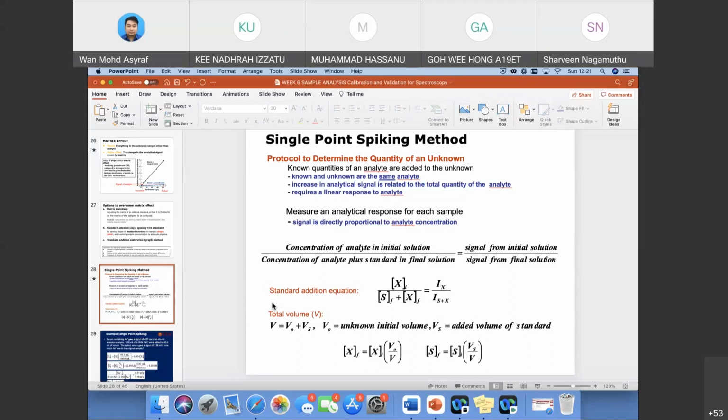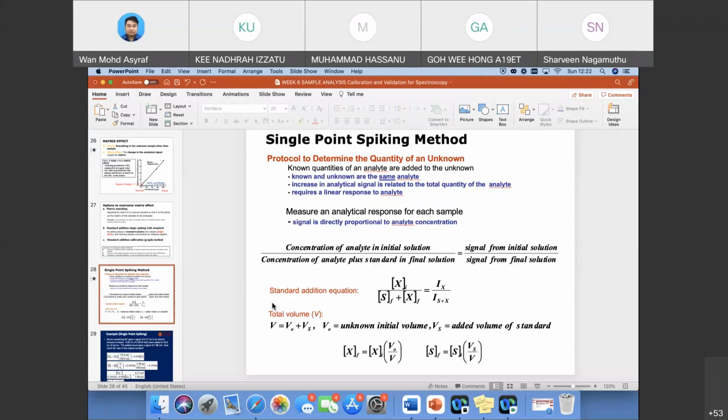Okay, for example, I give you an analogy. 1 ppm creates a 5 signal. Okay, 5 absorbance. So 1 ppm standard would produce a 5 signal. Then you do your single spiking method.